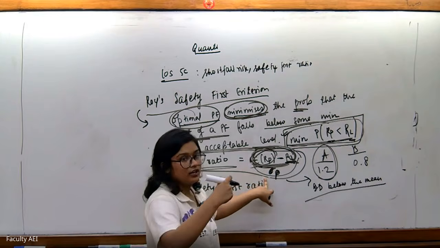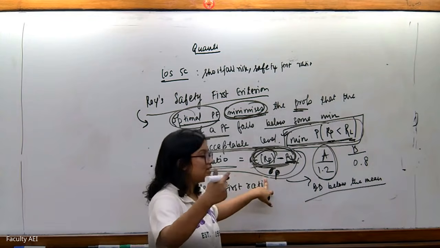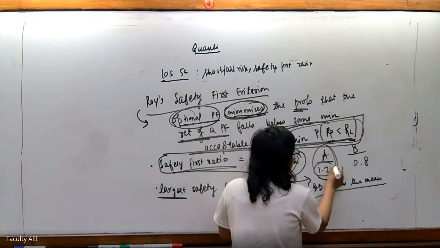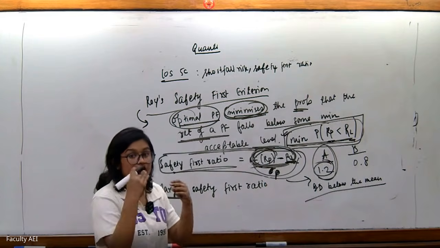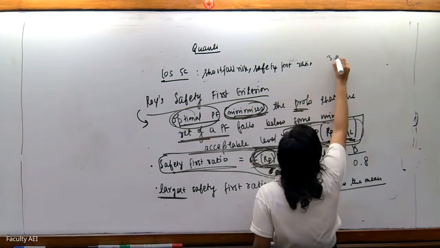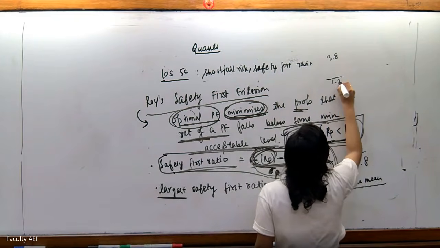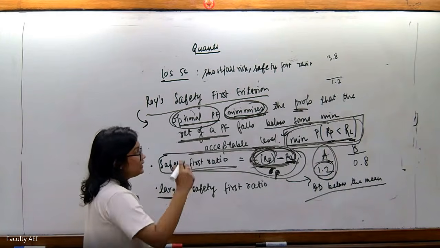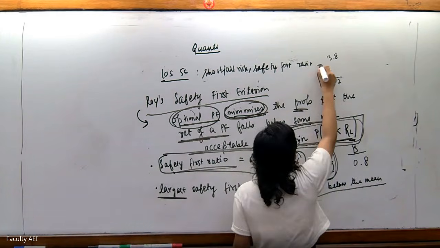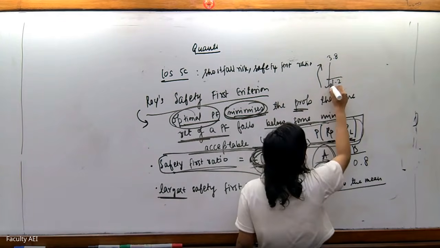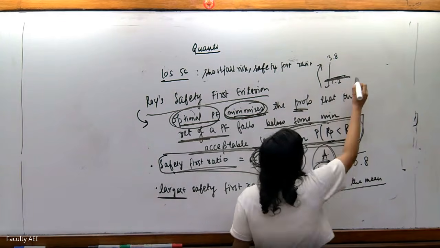The greater it is, the further below the mean. Let's say your mean is 3.8 and your acceptable level is 1.2. 3.8 minus 1.2, the farther away it is, there are fewer chances for you to fall below this acceptable level.